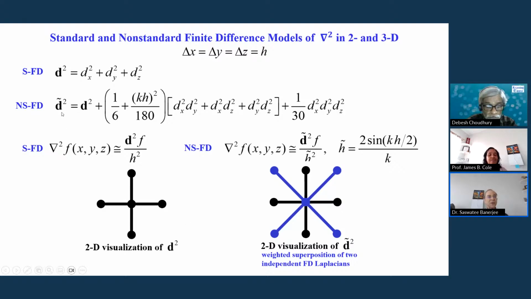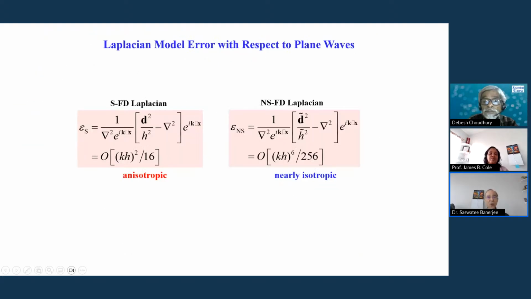And we combine them in a certain way, like this. And this is the 3-dimensional form of this. And if the operator for z is 0, then we reduce to the two-dimensional form. Okay, so here is the error of the Laplacian for the standard finite difference model.